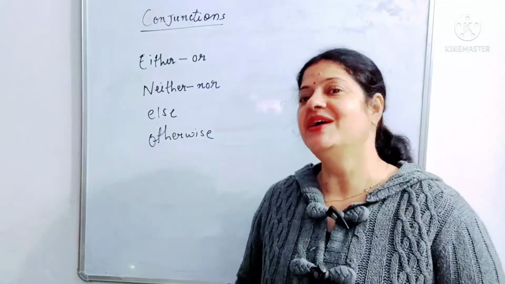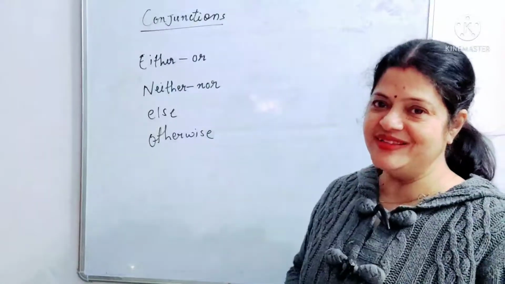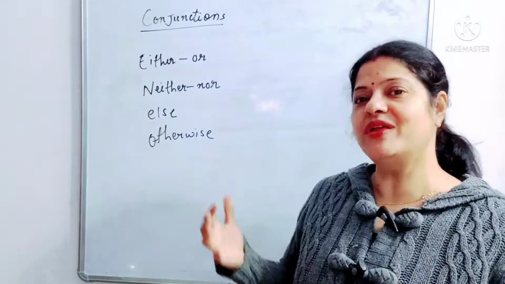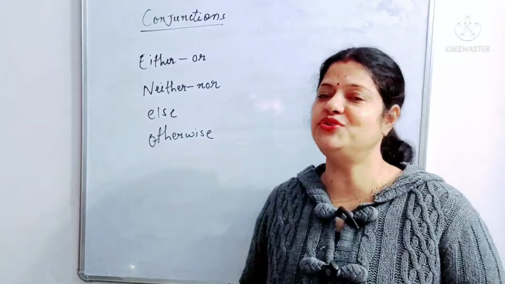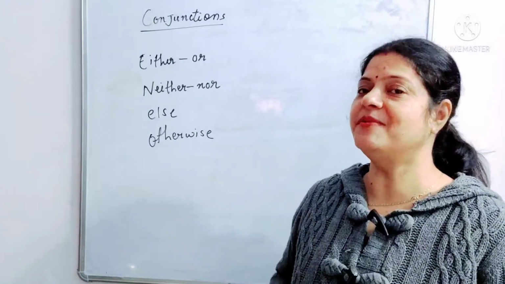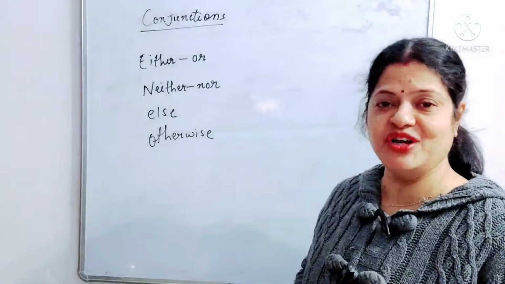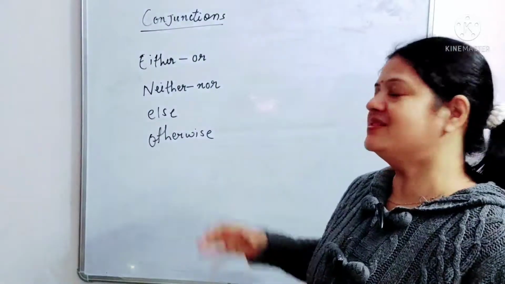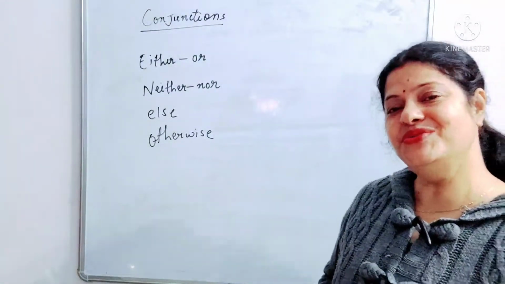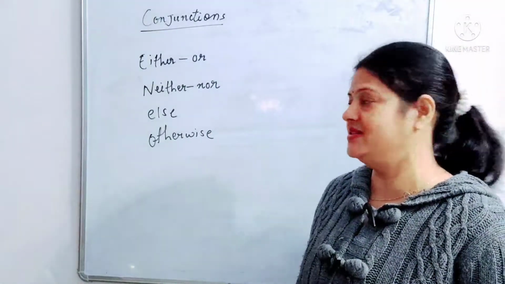So let's start. But before we start with these types of sentences, to show you how we can connect 2 or more than 2 simple sentences to make one compound sentence by using alternative conjunctions, let's know about the conjunctions first. So these are the conjunctions which are used as alternative conjunctions to make compound sentences.